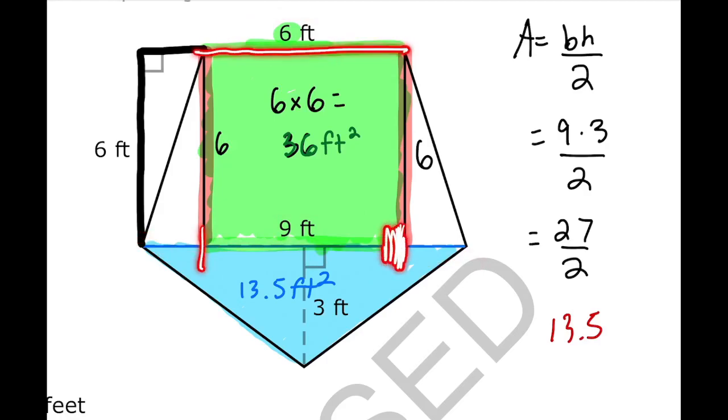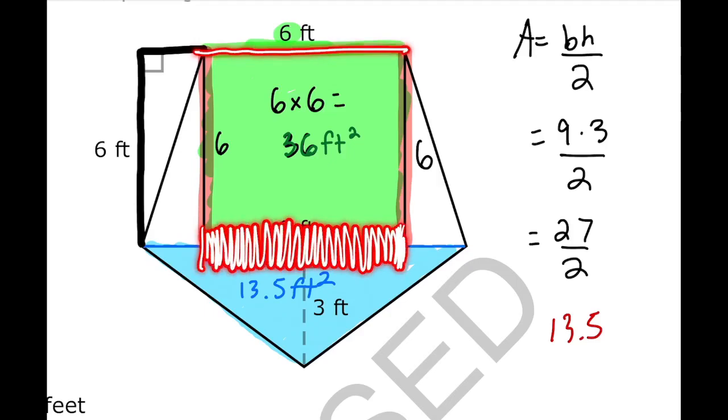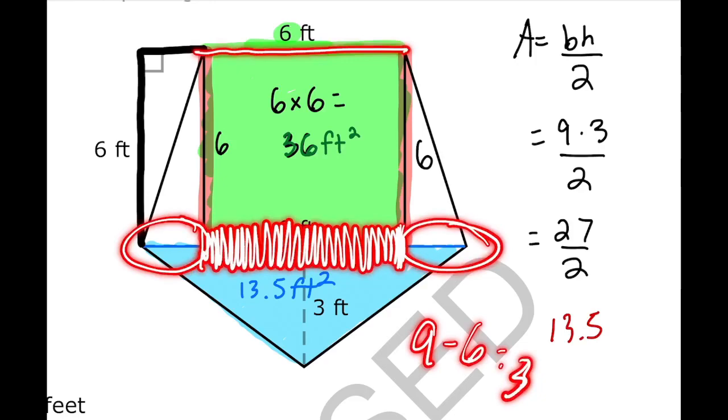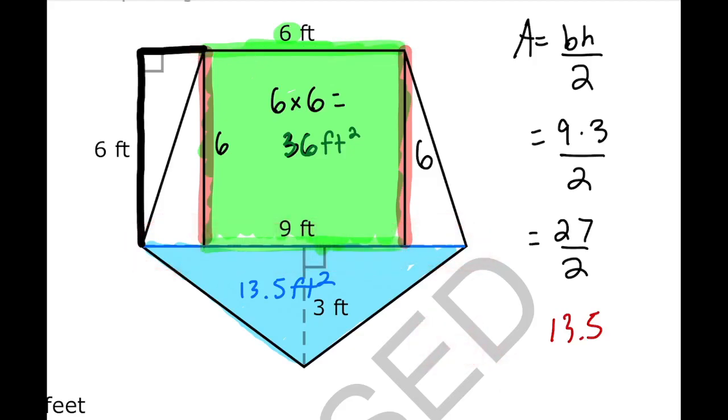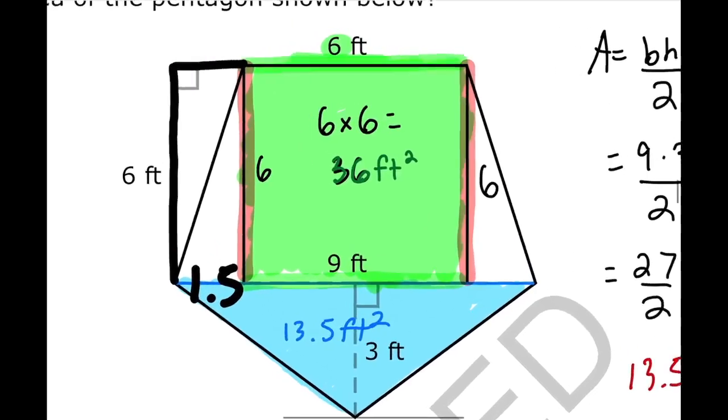So if this total line segment down here is 9, but this much of it is 6, we simply say 9 minus 6 to get 3, and that represents these two side line segments added together. So if both of those equal 3, then we say 3 divided by 2 gives me a length of 1.5. So 1.5 is that width there.